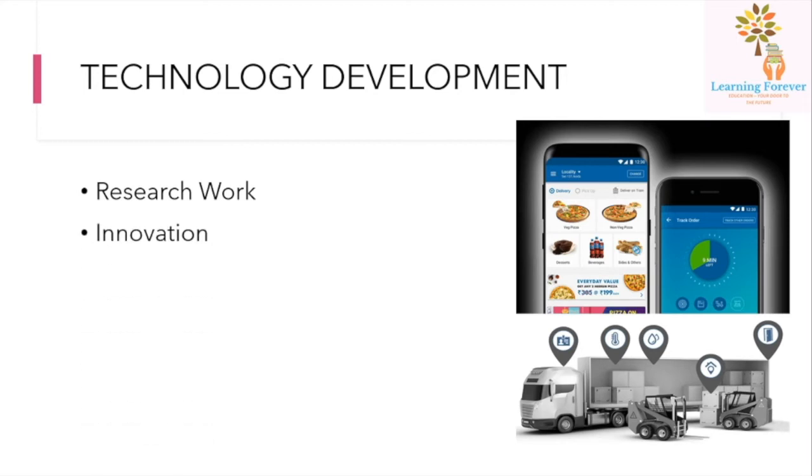Innovation. When it comes to innovation, we all know that Domino's has a lot of innovation strategies, and especially during the IPL season, they have their own version of the pizza which they offer, like African piri piri, to name a few. And launch of new products.